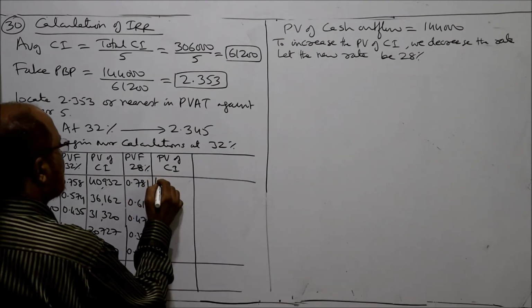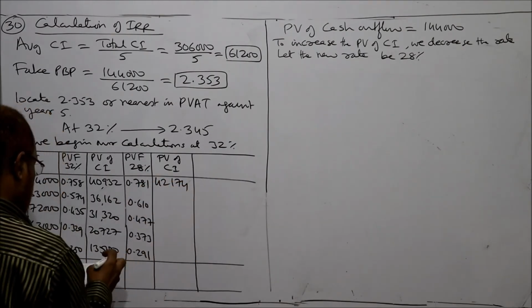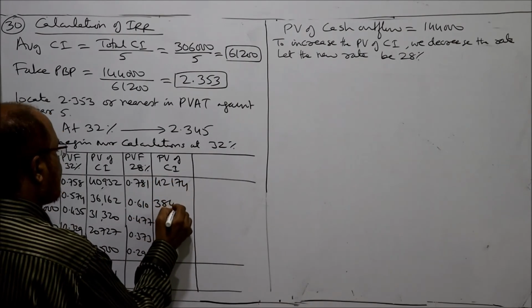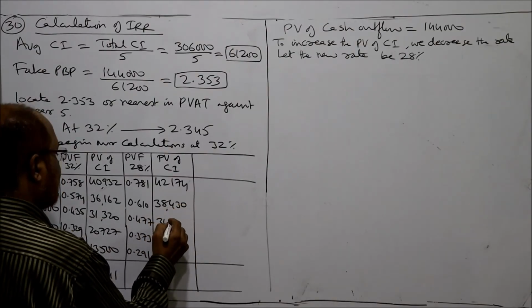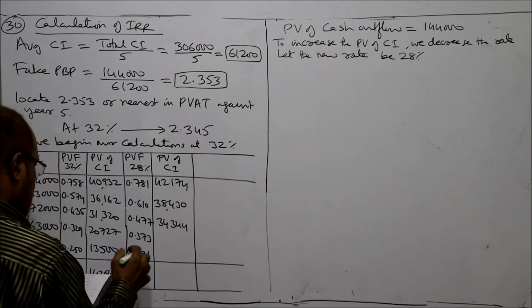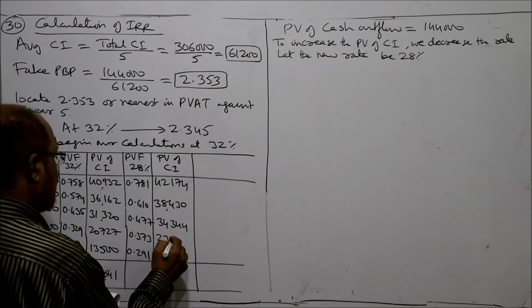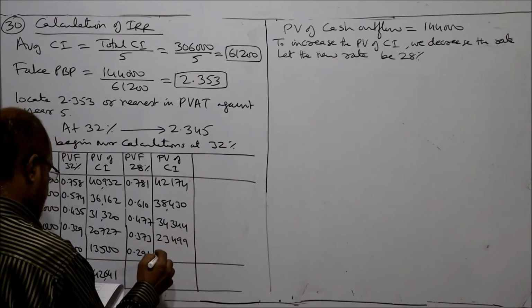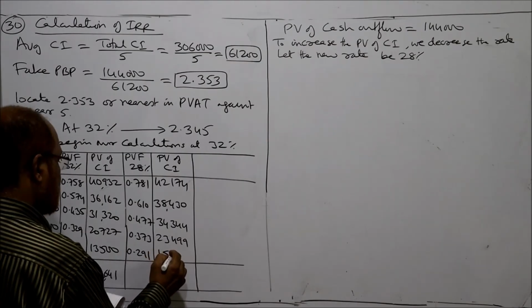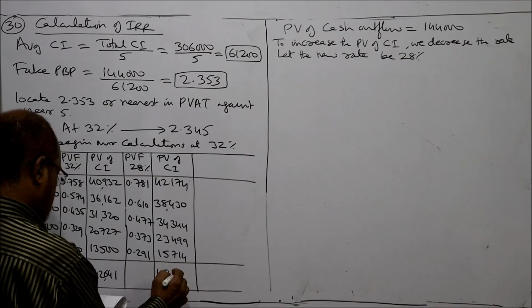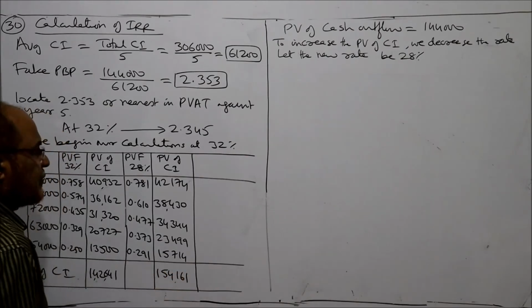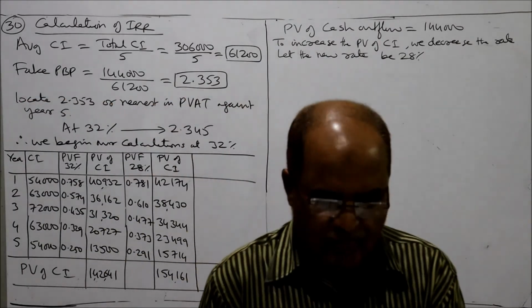Multiply: 40 to 174, 38,430, 34,344, 23,499, 15,714. Total is 1,54,161. So we got one value more, one value less.